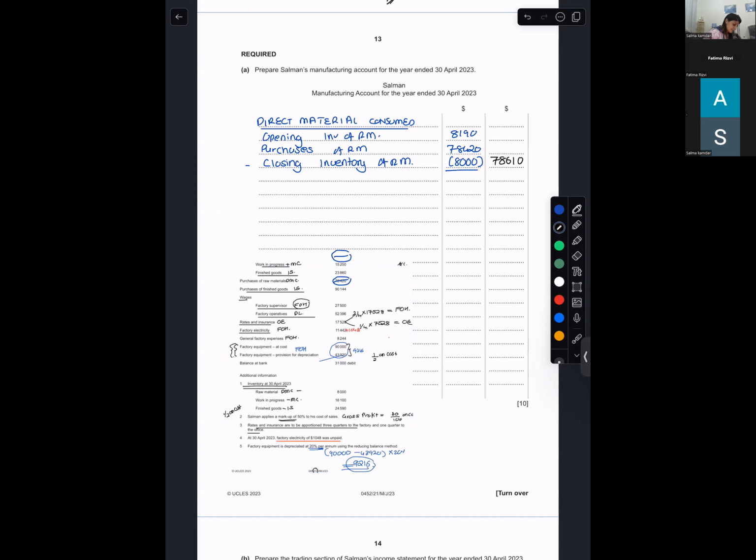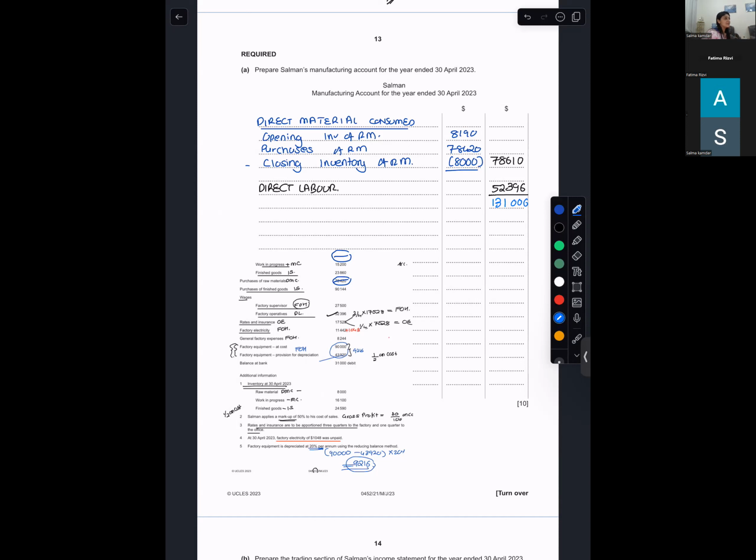So you have direct material, then you have direct labor. Direct labor is factory operatives, 52,396. I leave a line for presentation. So we have direct material, direct labor, and direct expenses.